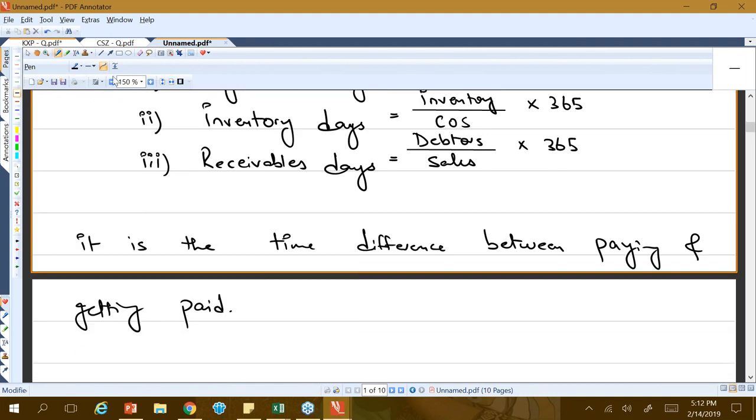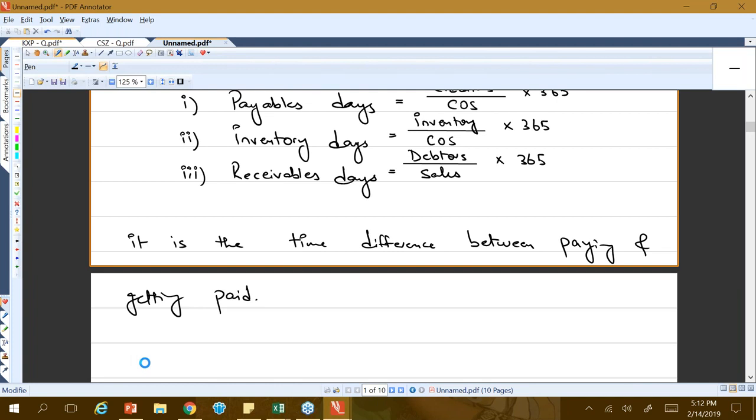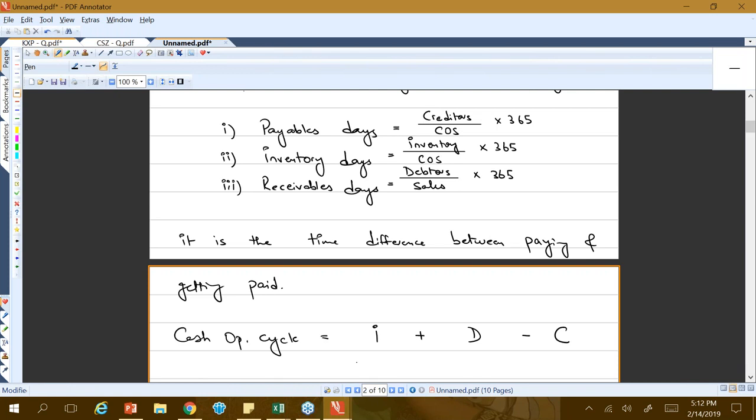Cash operating cycle is what I call IDC. I is inventory days, D is debtor days, and C is creditor days.